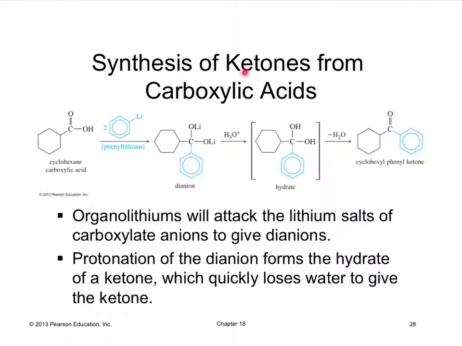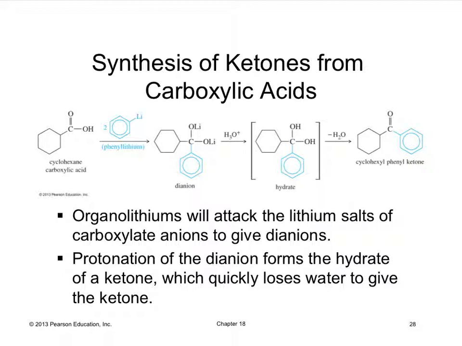If you want to synthesize ketones from carboxylic acids, you can take carboxylic acid and phenyllithium, which we've seen before. This will react two equivalents, right? Kicking this off to generate the dianion.